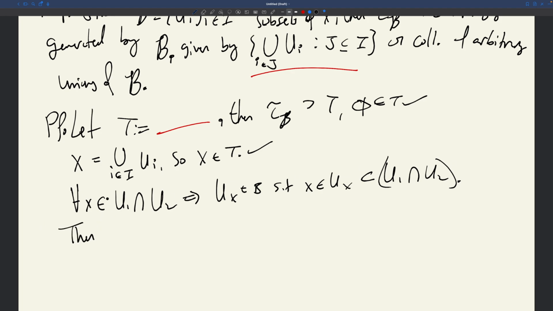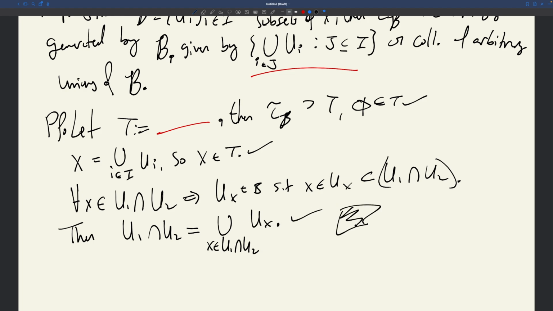Then U1 intersection U2 is also equal to the union over all x in U1 intersection U2 of U_x. That finishes our proof because we've now shown it's closed under arbitrary unions of B.